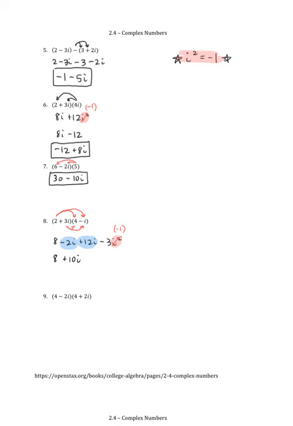And then -3 times -1 is going to be +3. Now I can see that I have like terms again. I have two real parts, so I'm going to combine those. And 8 plus 3 is 11. Bring down the 10i. I have the i last. So here is my answer. So very similar to working with variables, right? Difference is if you have a power on an i, you have to simplify it.